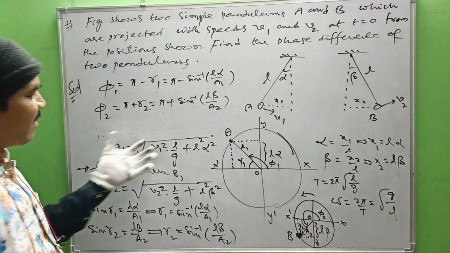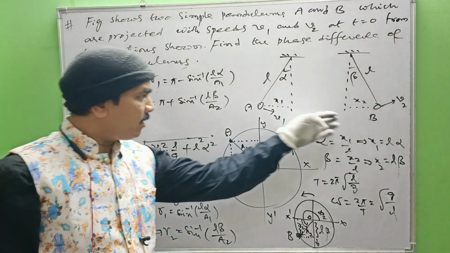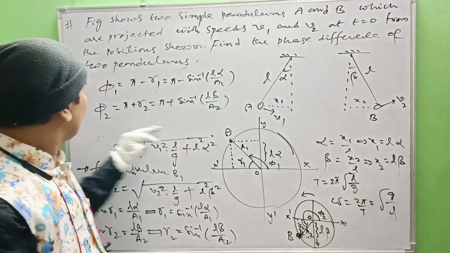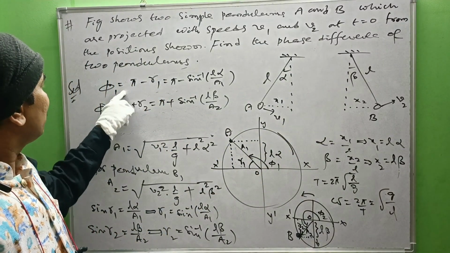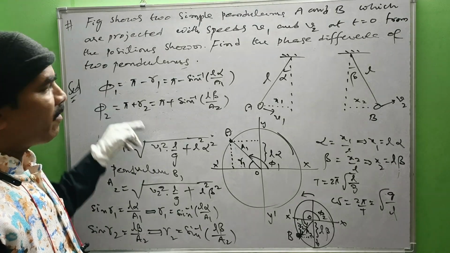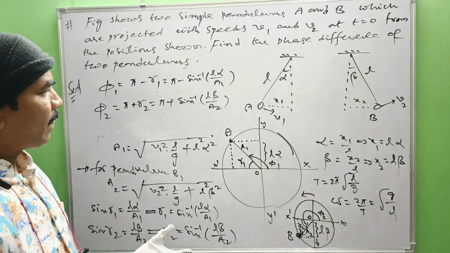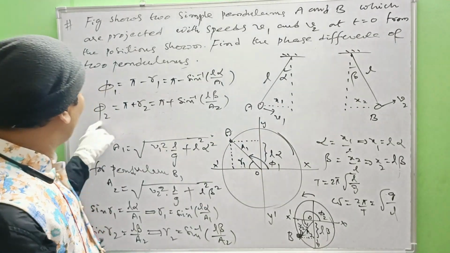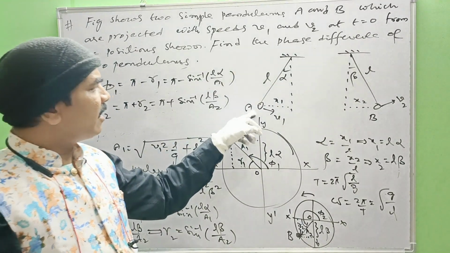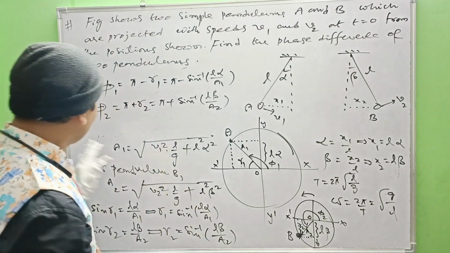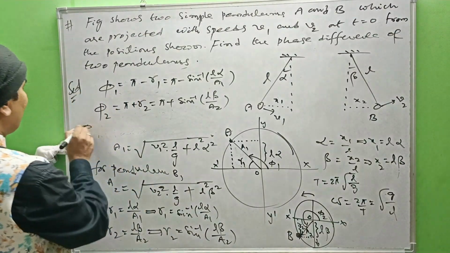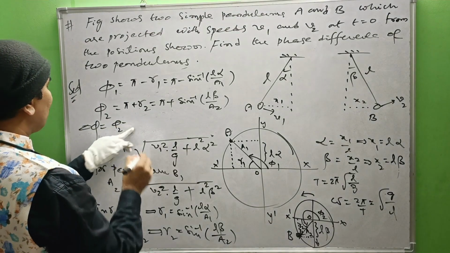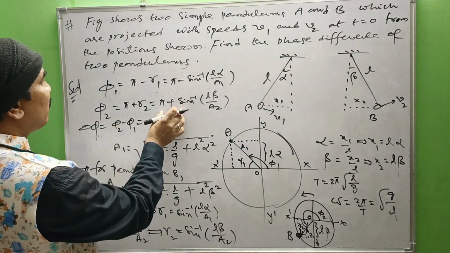Right? Now what is the phase difference between A and B? Pendulums A and B differ by a phase of phi 2 minus phi 1. See, here I am saying phi 2 is greater than phi 1, the phase acquired by pendulum B is greater than that of pendulum A. Now phase difference delta phi equals phi 2 minus phi 1.